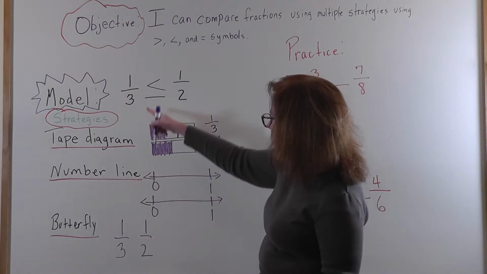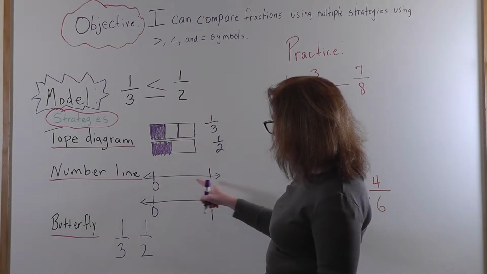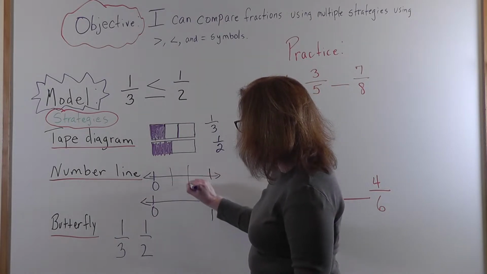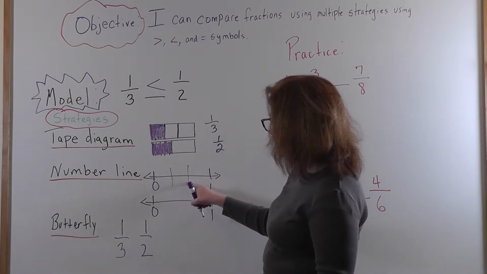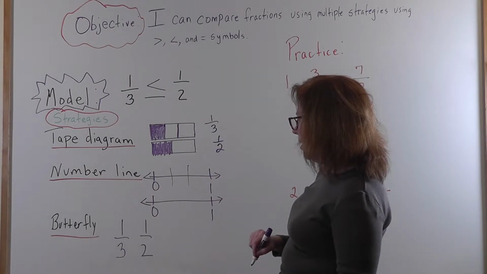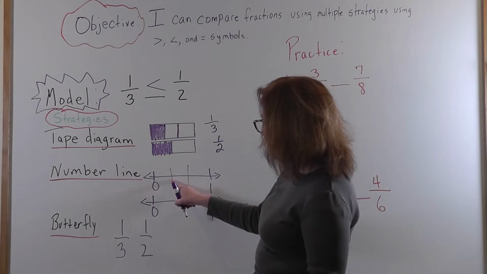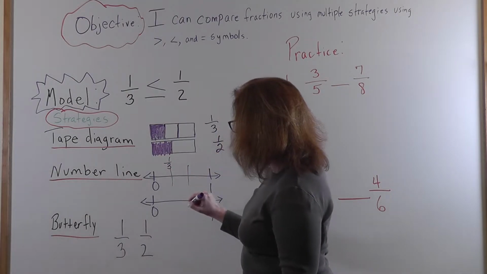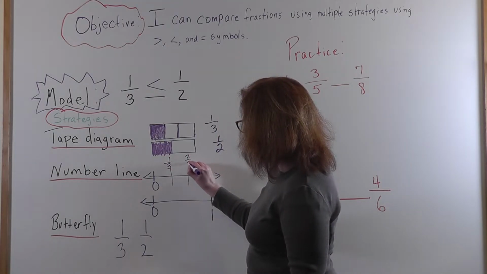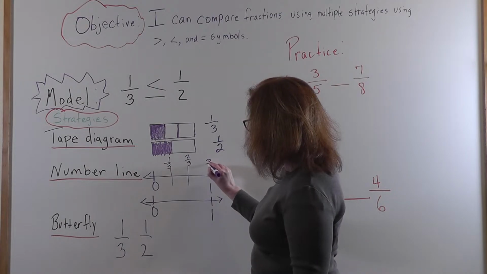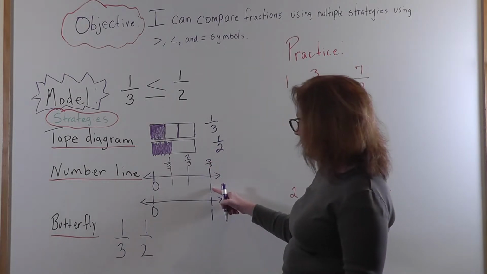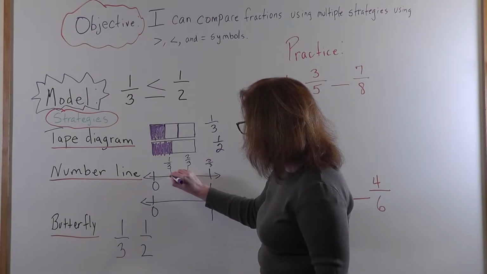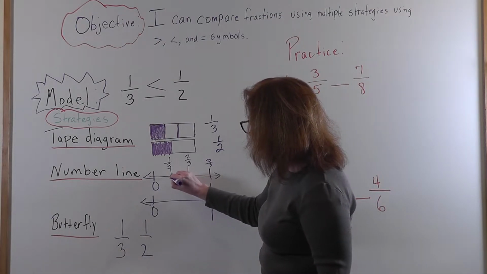So for 1/3, we break the number line into 3 equal parts: 1, 2, 3. Equal parts. So this would be 1/3. This would be 2/3. This would be 3/3, which equals 1. Here, I'm going to label the point that's 1/3.